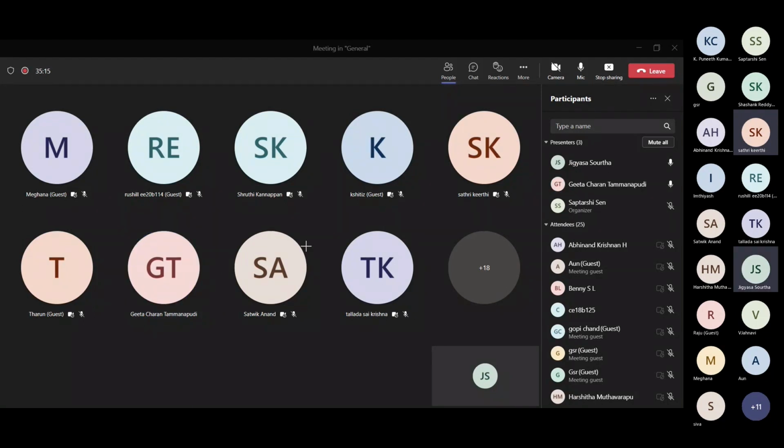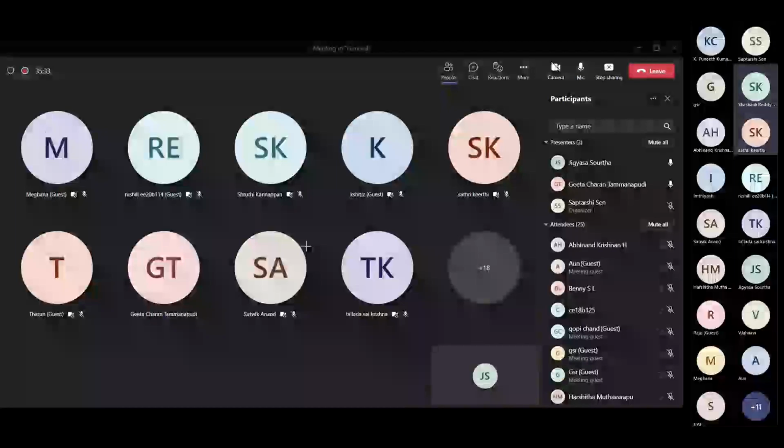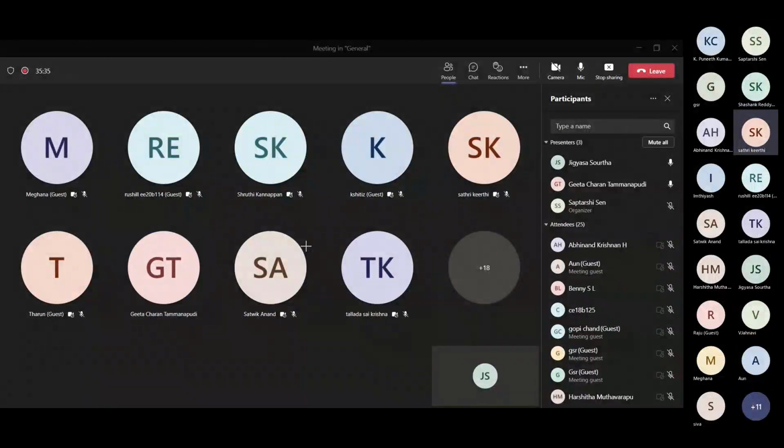Is it better? Yeah, it's better now. Can be a bit louder. Okay, yeah, fine. I think that works, right? Is it fine for others or is it only me? It's clear, I guess. Okay, fine. I'll just begin, and if you feel any issue with the sound, please speak up.